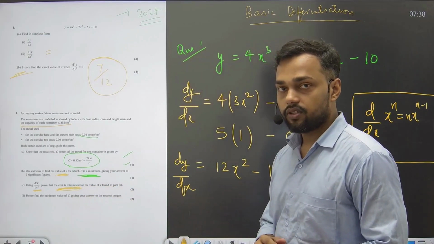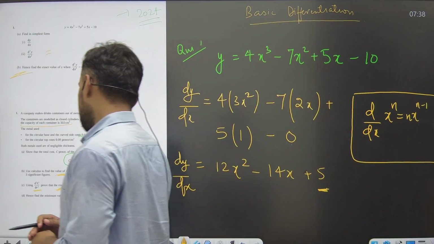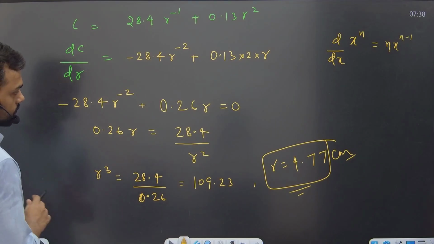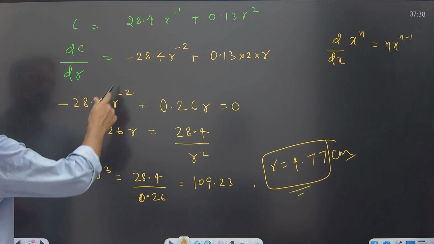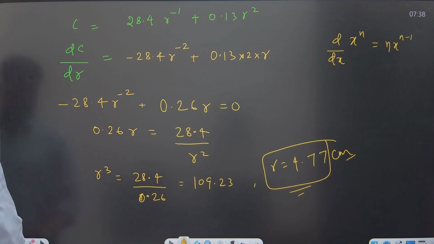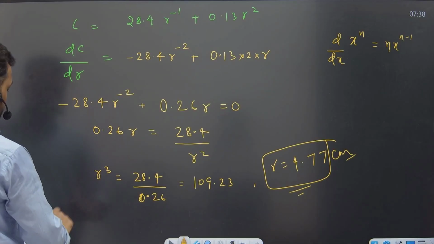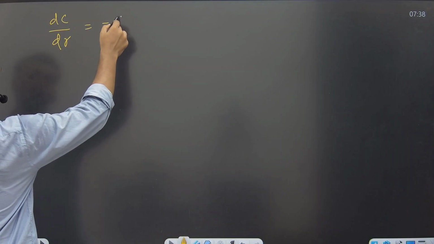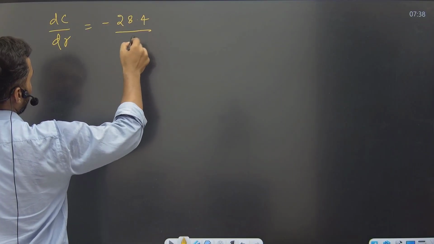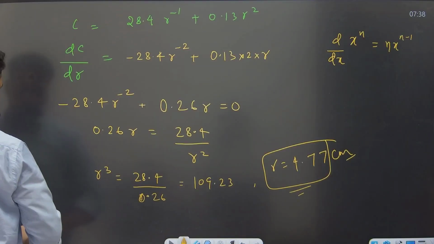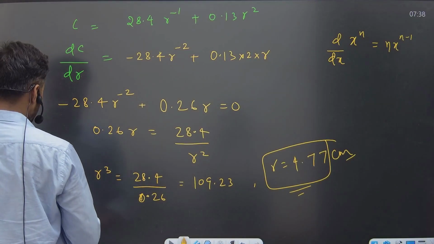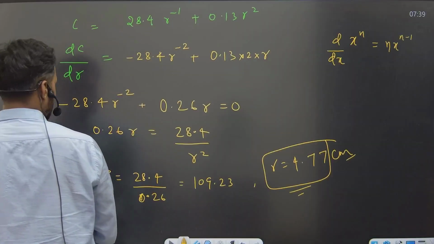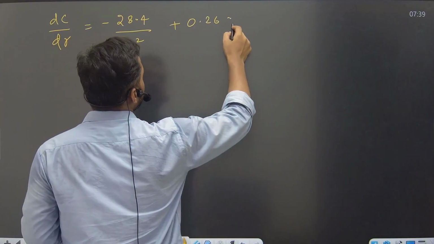We found dC by dr equals negative 28.4 upon r squared plus 0.26 r.